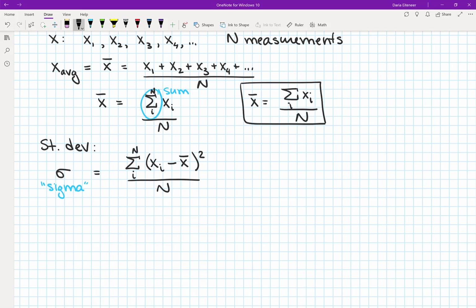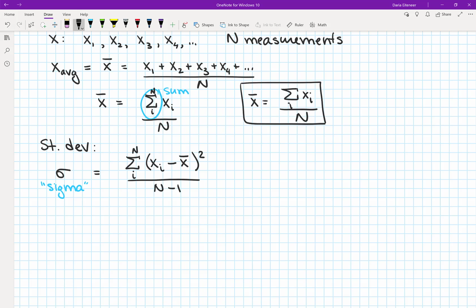Now, sometimes when you look up standard deviation, it's actually not going to be n, but it's going to be n minus 1. The difference in statistics between those is whether you're calculating standard deviation of what's called a sample or a population. Let's not worry about that right now.